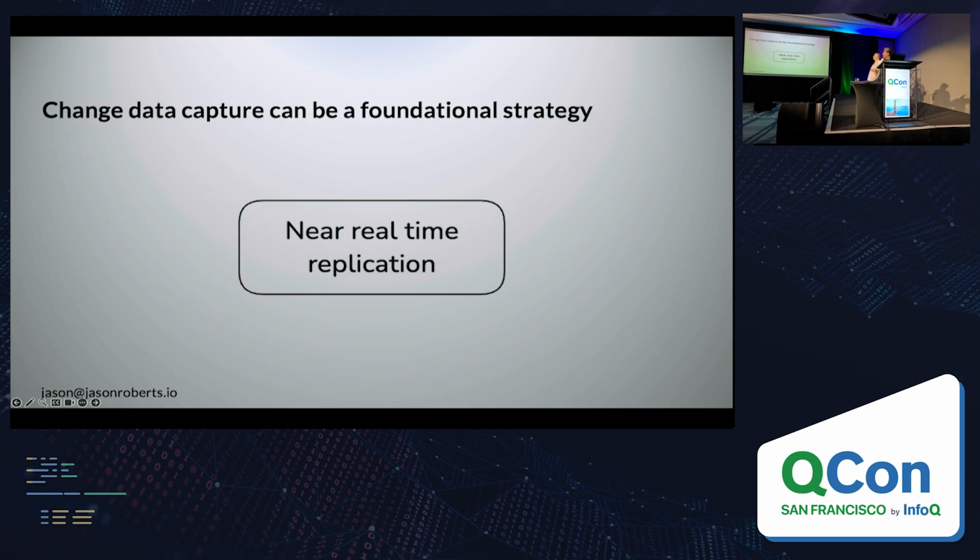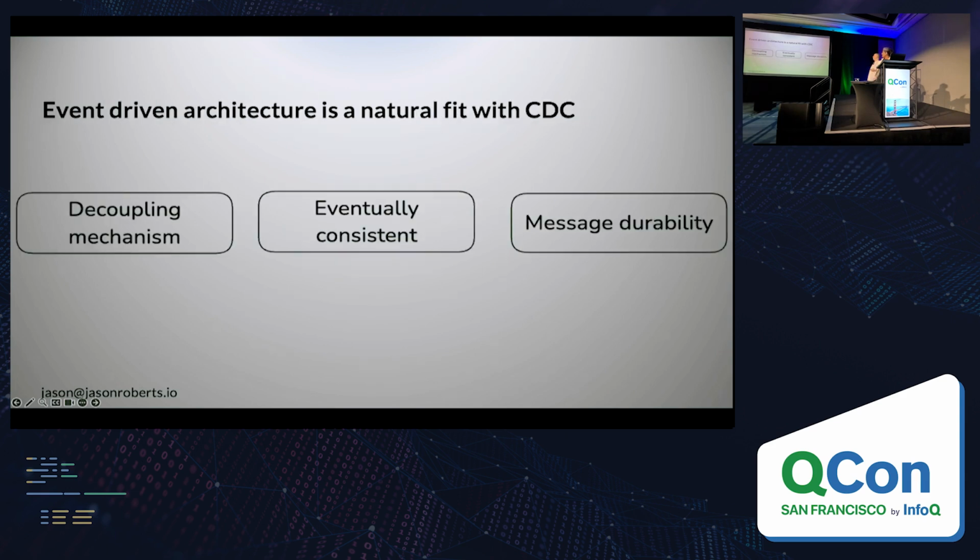How did we achieve this? To reiterate what we have gone through in the presentation, right? Change data capture was a fundamental strategy to establish a system of reference. We achieved that through near real-time replication. Event-driven architecture is a natural fit, and that helped with decoupling the systems, attaining message durability, and eventually consistent systems.